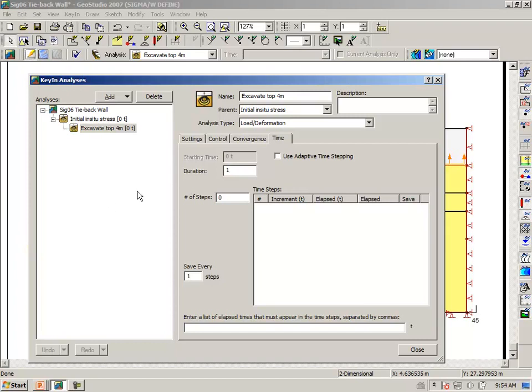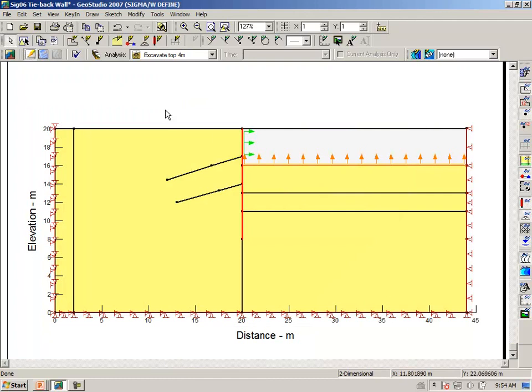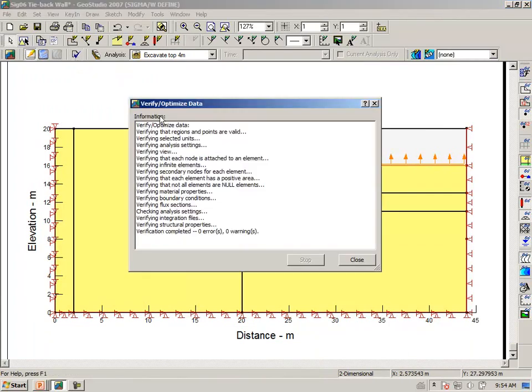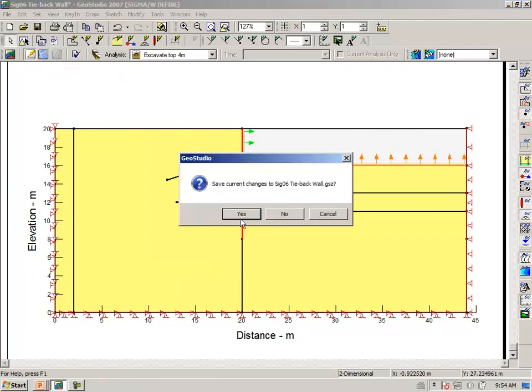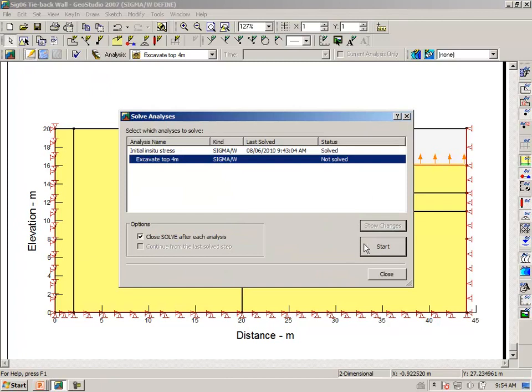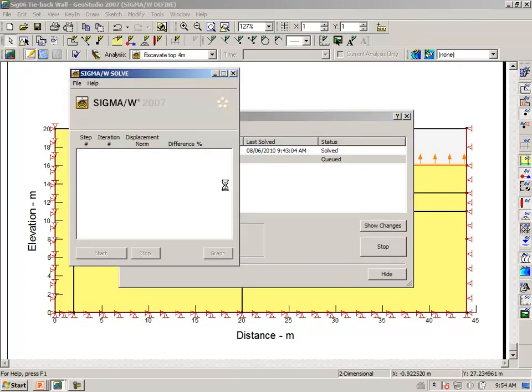We simply say a duration of 1 and 1 step, and so we are going to do 1 increment of loading, and the loading is represented by the removal of the soil. Once again, clicking on Verify, we should now be ready to analyze and solve this first step, and that is the removal of the upper 4 meters of soil.